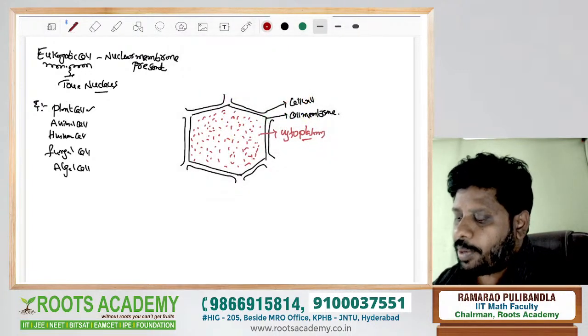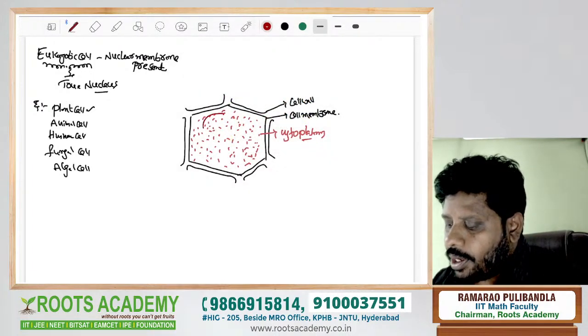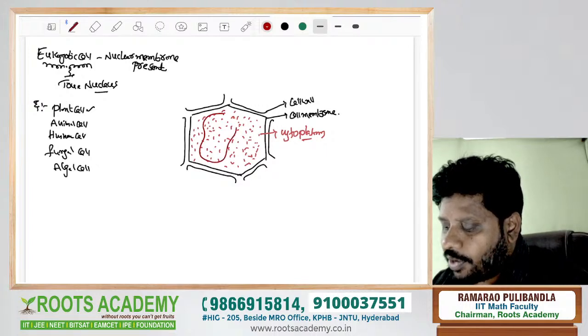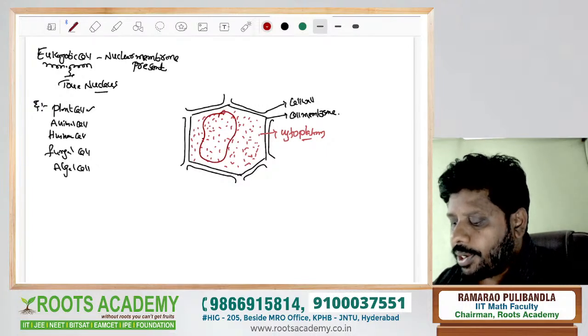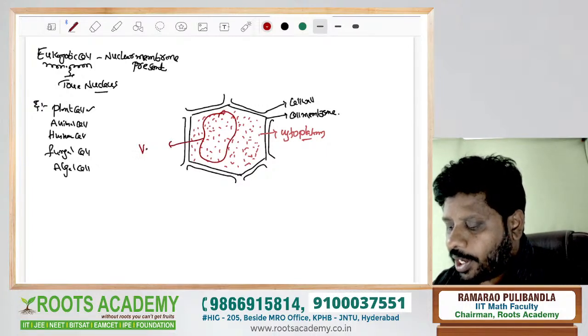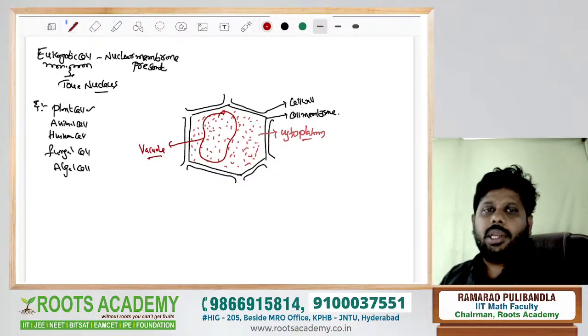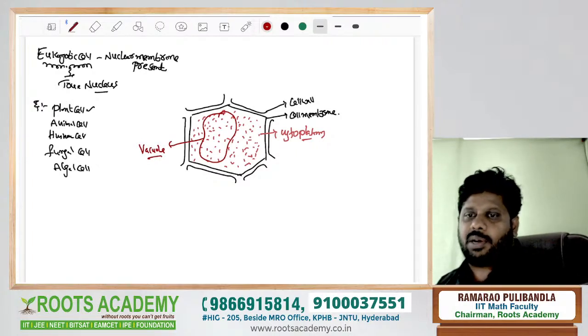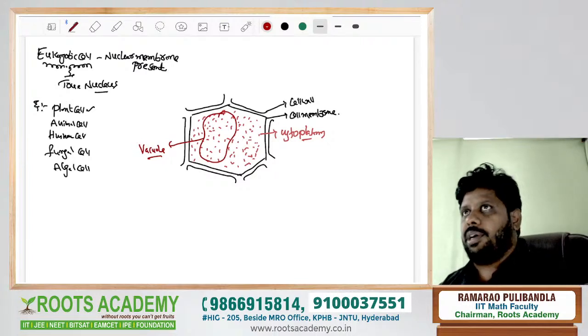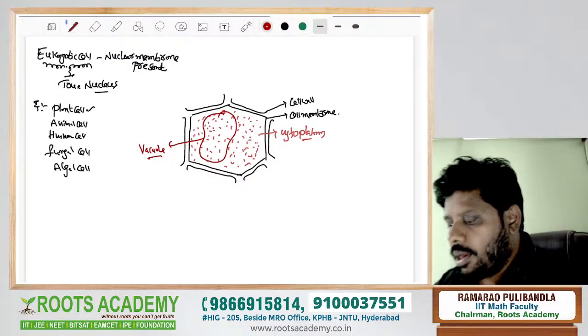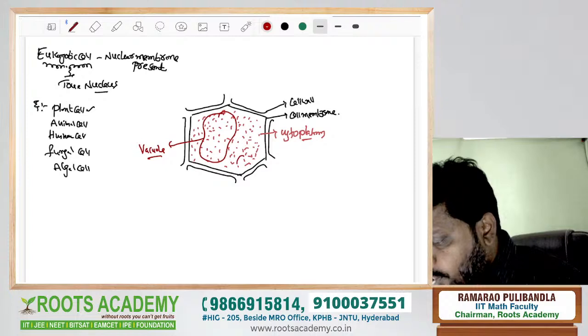In matured plant cell, 90% of inner space is occupied by the vacuole. One large vacuole is present. And this vacuole pushes the nucleus to one end.